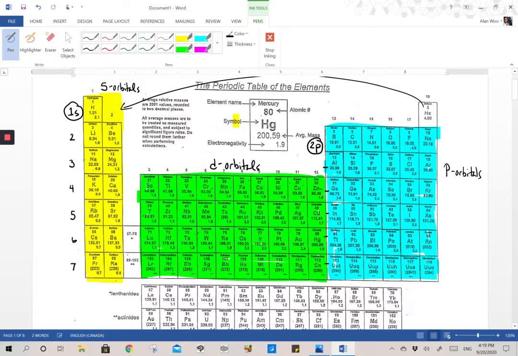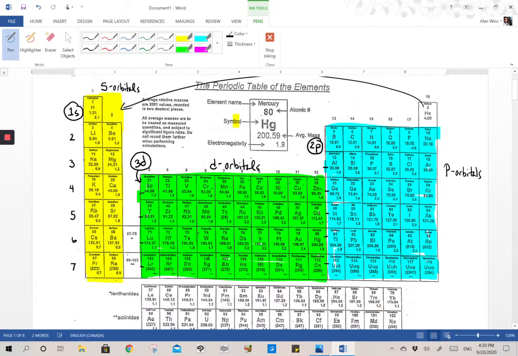Now, similar to your p orbitals, there's no such thing as a 1d. There's actually no such thing as a 2d either. The d's actually start with a 3. So you have 3d, 4d, 5d, 6d.